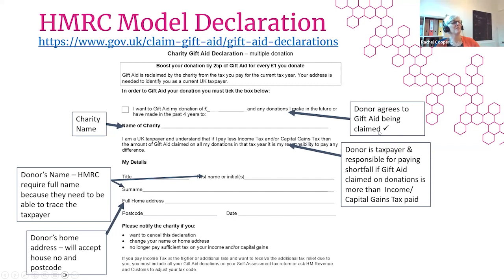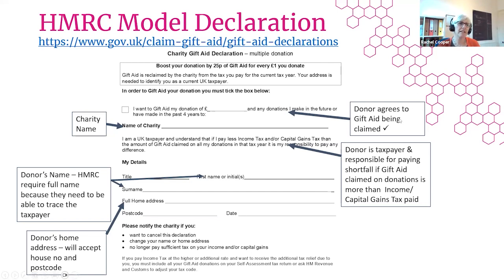This particular form of Gift Aid declaration is for multiple donations. If you follow that link, there are different ones: they've got a sponsor form, a single donation one, and this multiple declarations one, because it says any donations made in the future or made in the past 4 years. So you can have one that just covers everything.